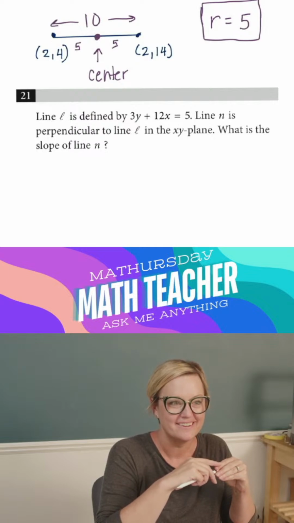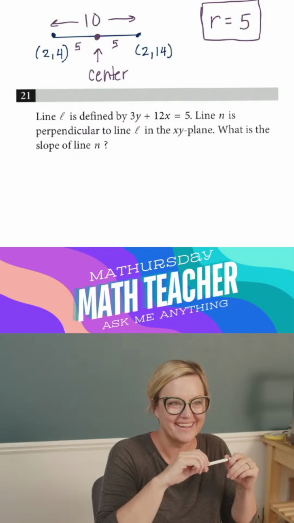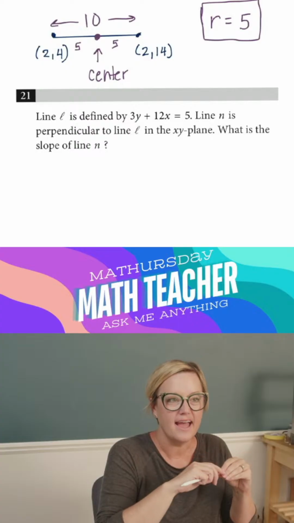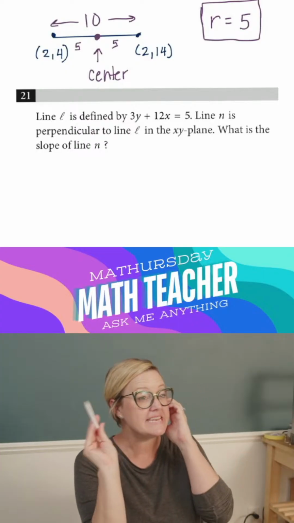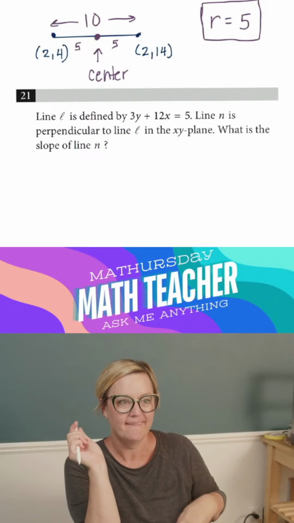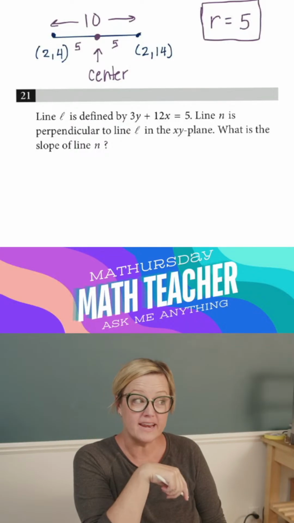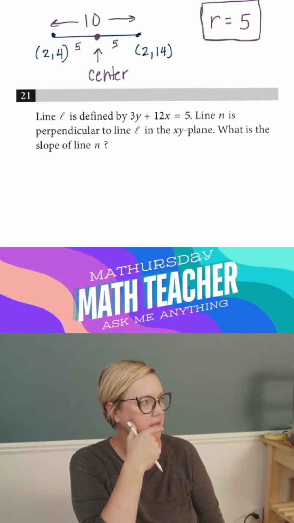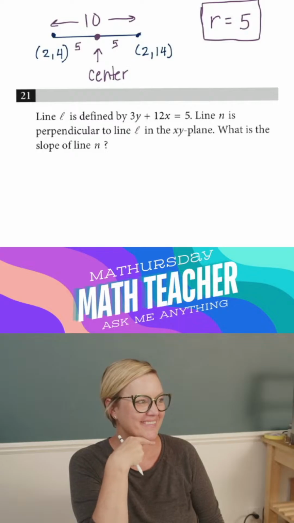Thanks. Every little bit helps. Yeah, and Zach, it's not necessarily the negative reciprocal, but it's the opposite reciprocal. So if it were already negative, it would be changed to positive. Thank you.